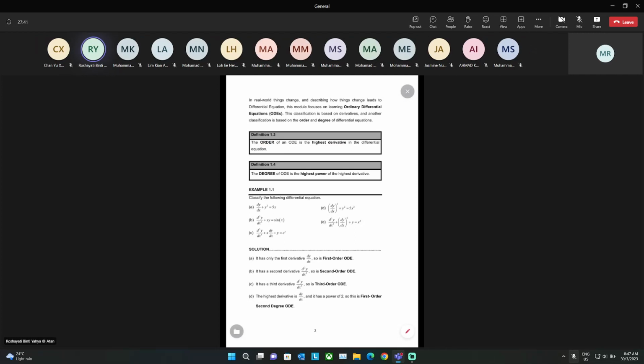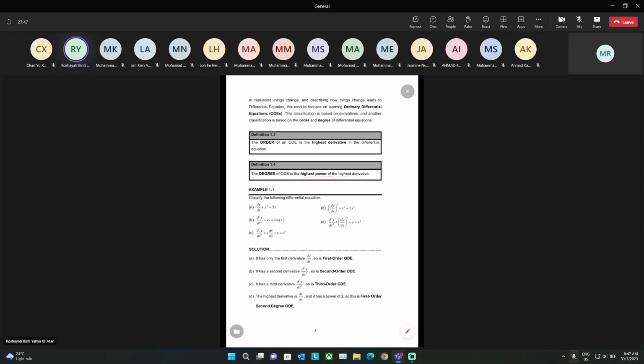Degree is the highest power of the highest derivative. The order depends on the highest derivative. After that, look at the power of the highest derivative. The highest power here is the degree.